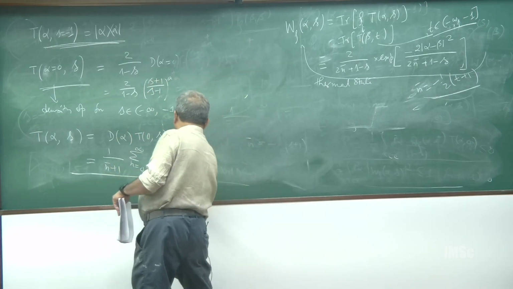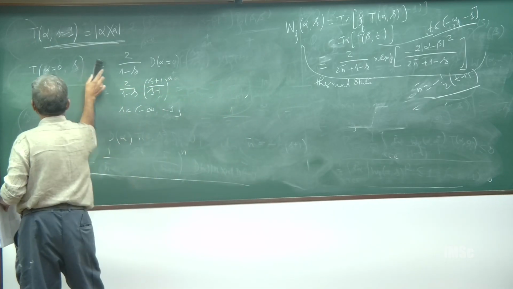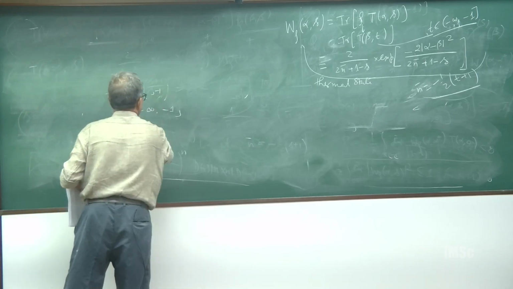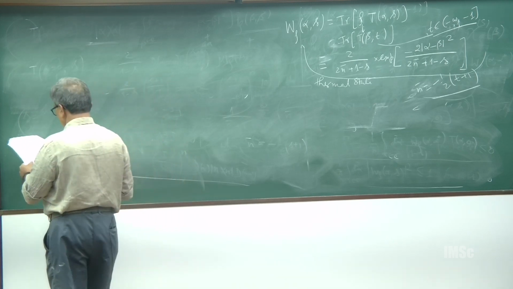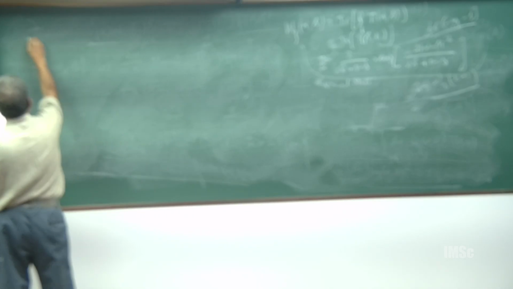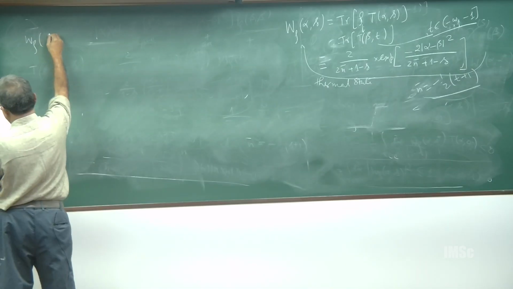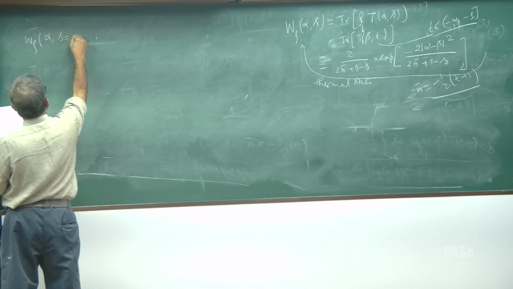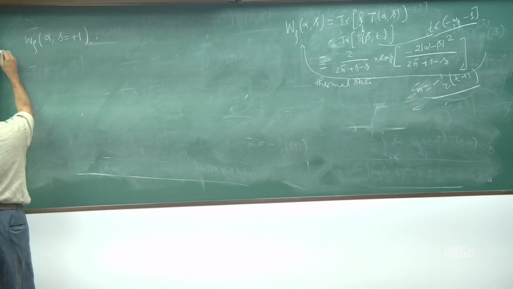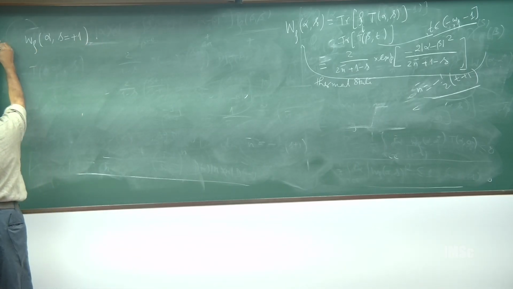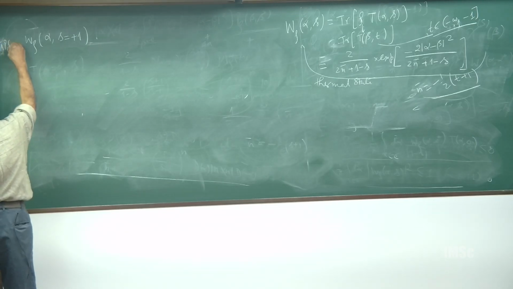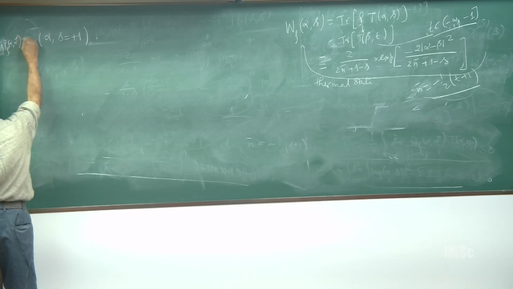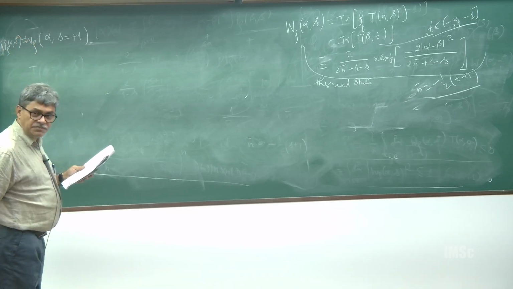So, now what you can see is that, let me write it down. So, this W rho of alpha and s equal to plus 1, which is your P rho, it is not P rho, pi times P rho of alpha alpha star. So, this is the Wigner function.